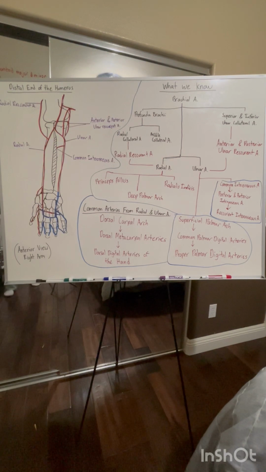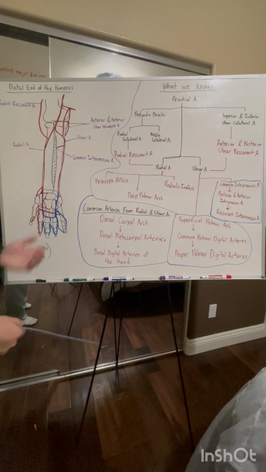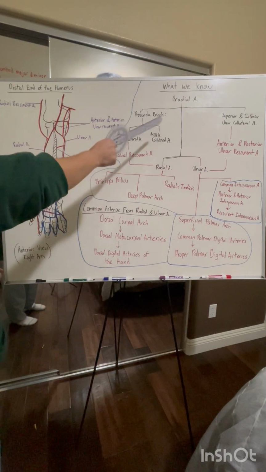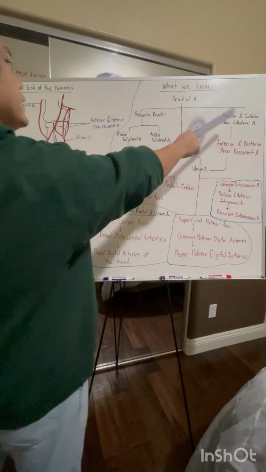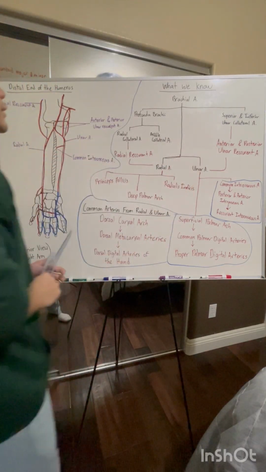All right, guys. So far we went over the shoulder and the arm for the arterial system. Now we're moving down distally at the end of the humerus and towards the hand. What we know so far is that the brachial artery forms into the profunda brachii, the radial artery, the ulnar artery, and the superior and inferior ulnar collateral arteries.